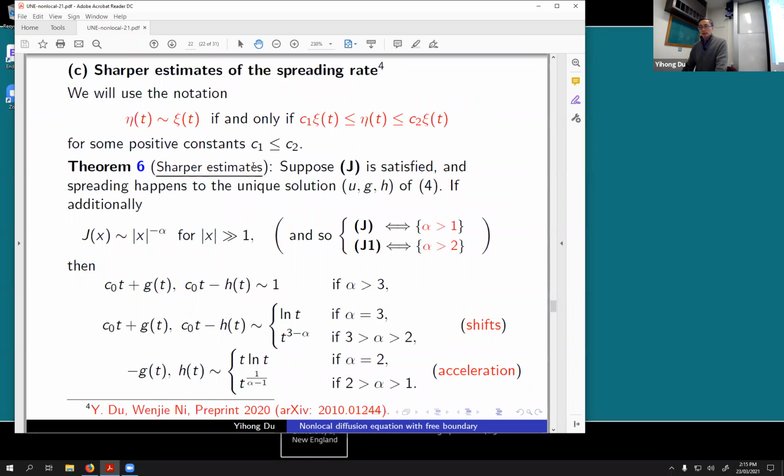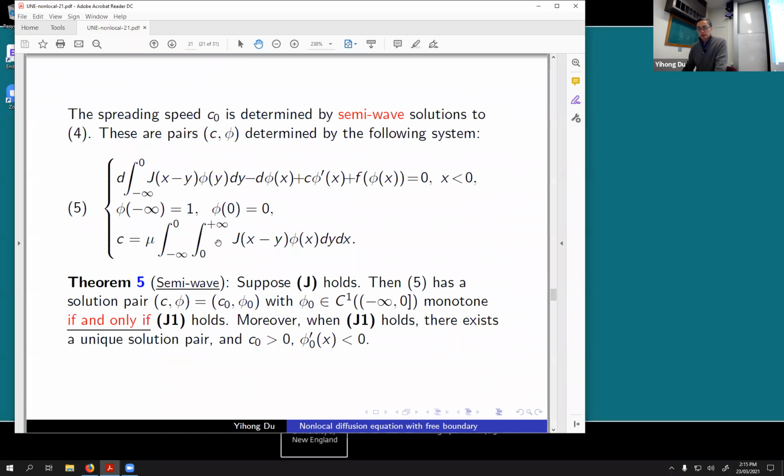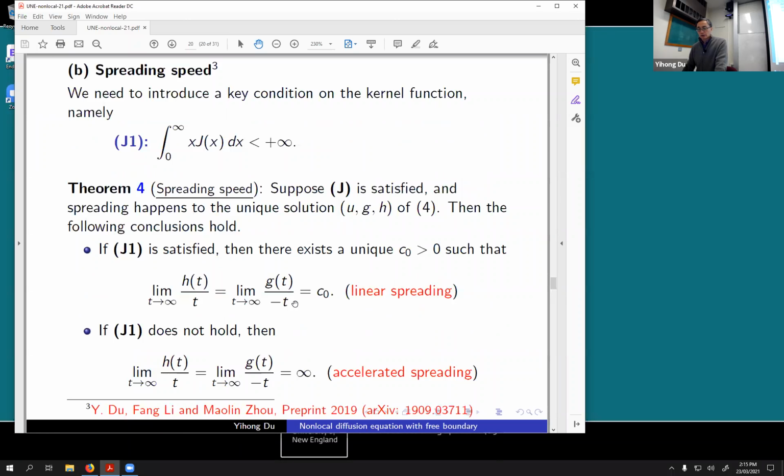And then it's interesting and difficult to check how, in that case of accelerated spreading, this goes to infinity, at what rate?